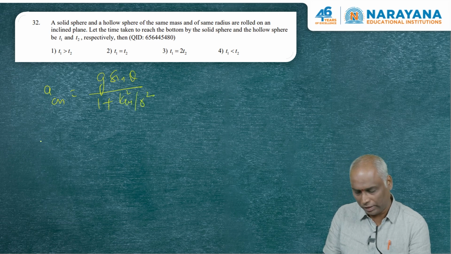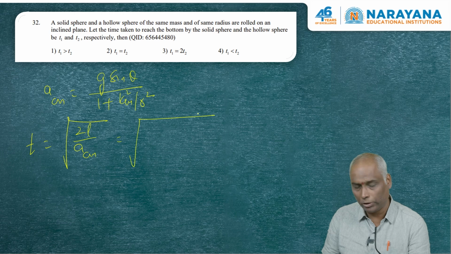Now, due to this, the time taken by the body to roll down an inclined plane through a distance L will be given by T equals under root of 2L divided by acm. So the total time taken by a body to roll down a distance L will be given by 2L divided by a.